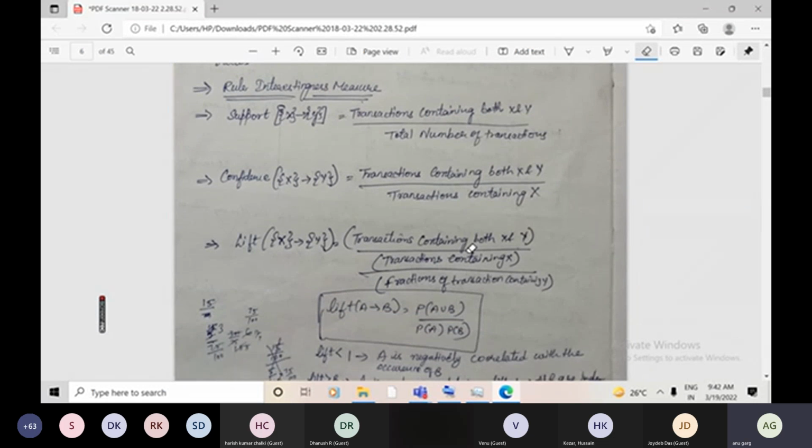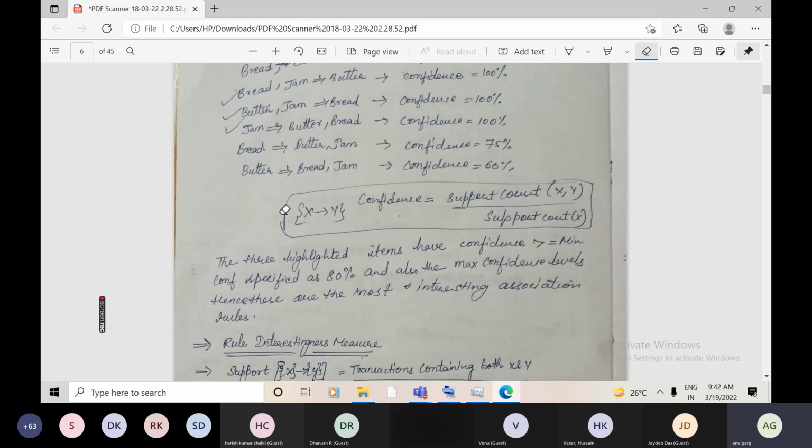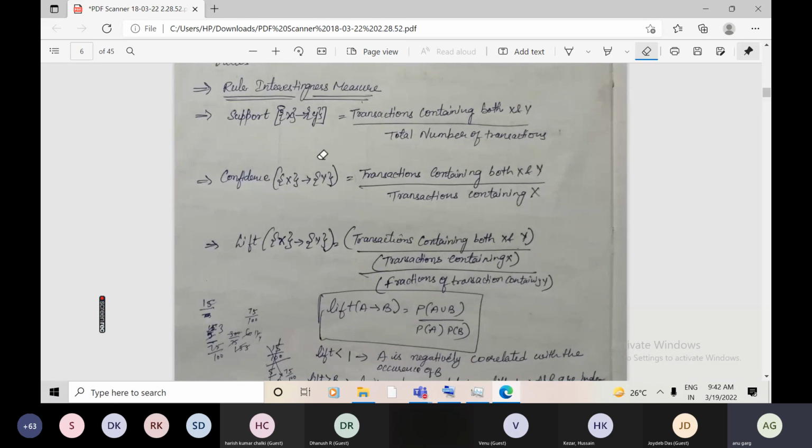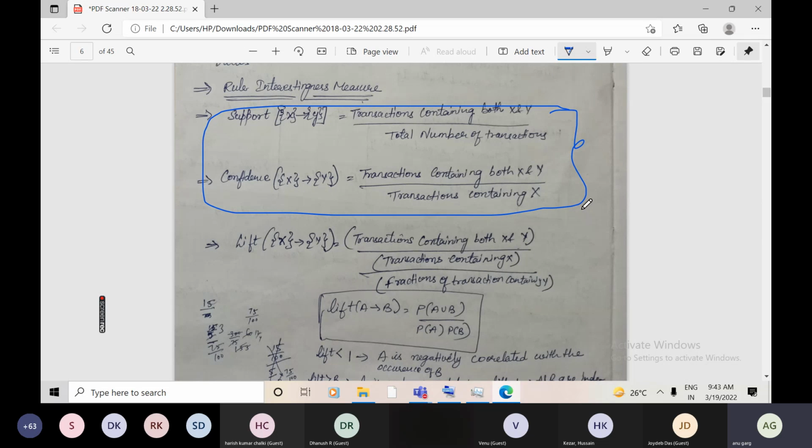This is the next topic, rule interestingness measure. Whatever we were doing here, we were trying to find out which rules are interesting rules. We used the method of confidence. We can use support and confidence, but they have some drawbacks. Sometimes they are misleading and not giving us correct results. In that case, we can use lift.